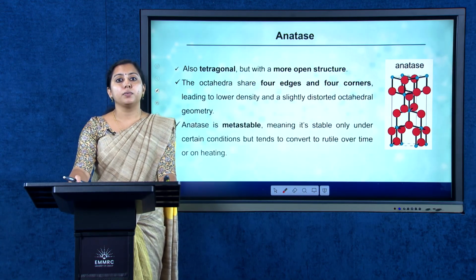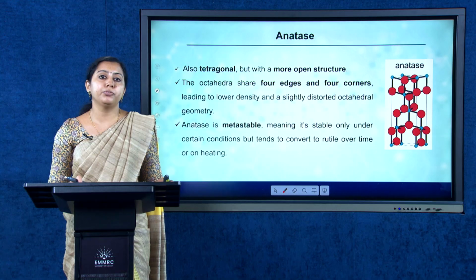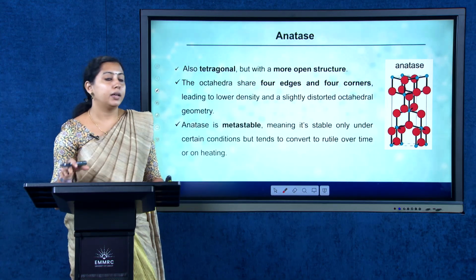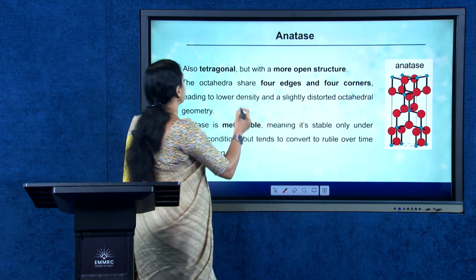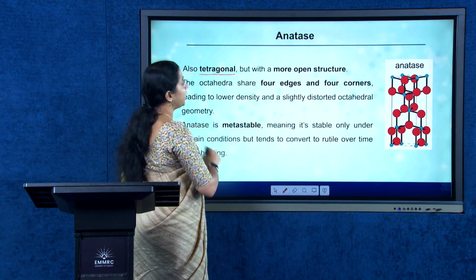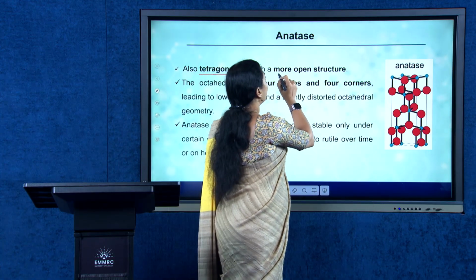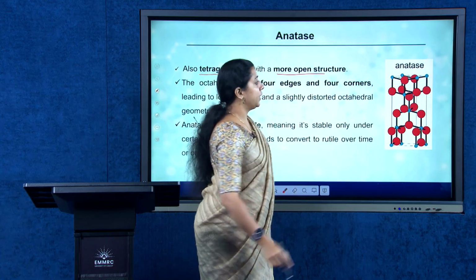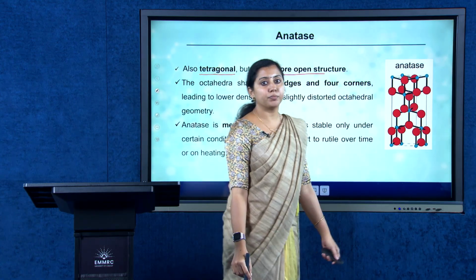So, next we will see another polymorph, anatase. Anatase is also characterized by a tetragonal structure, but it has a more open structure, as you can see in this figure.